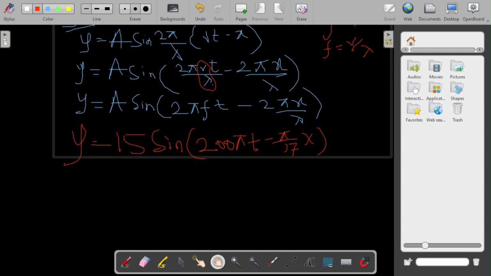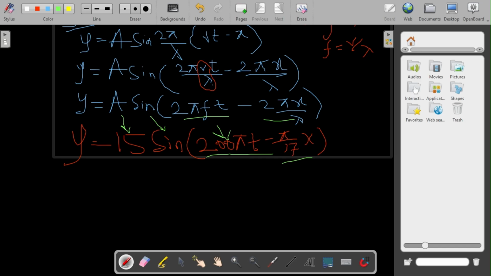So guys, the next thing I'll do, which is very simple, is to compare them. How? The amplitude A goes to 15, sine to sine is the same, then the whole of 2 pi f t goes with 200 pi t, and all of these go to this. Are you there?